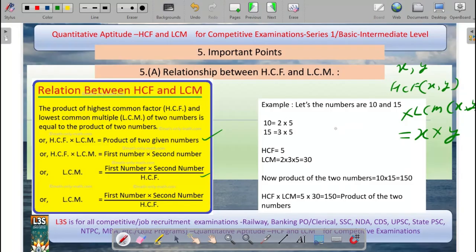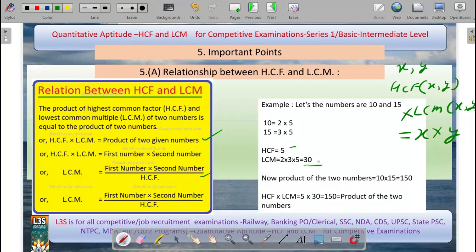So here is one example. Let the numbers be 10 and 15. 10 is equal to 2 into 5, 15 is equal to 3 into 5. So the HCF will be the highest common factor, 5, and the LCM is 2 into 3 into 5, that is 30.